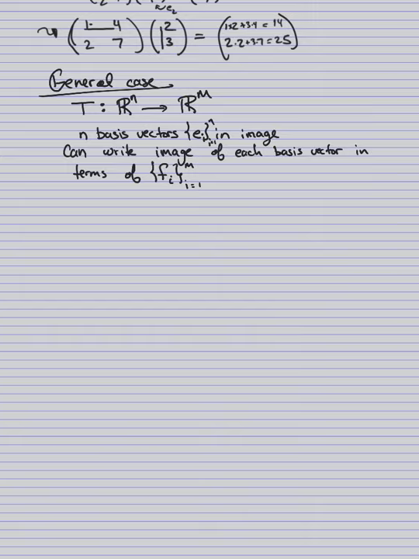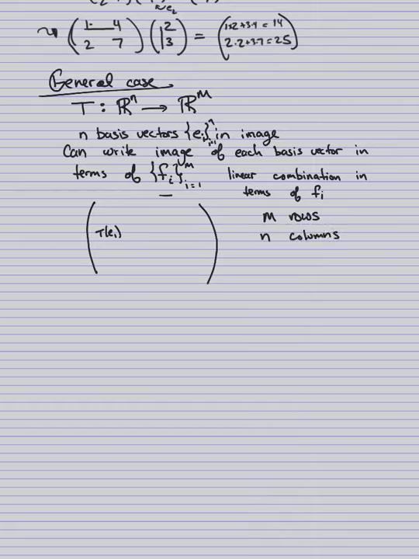So you write these in terms of these basis vectors, in other words, you get a linear combination in terms of the f sub i's. Then the matrix that you write is an m by n matrix, so there's m rows and n columns, and you write each image in a column. Okay, so you have T of e1 up through T of en.